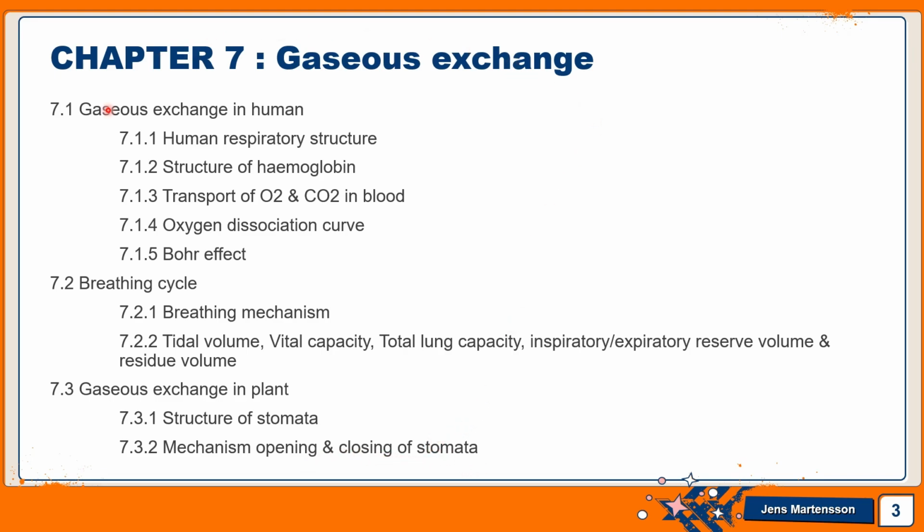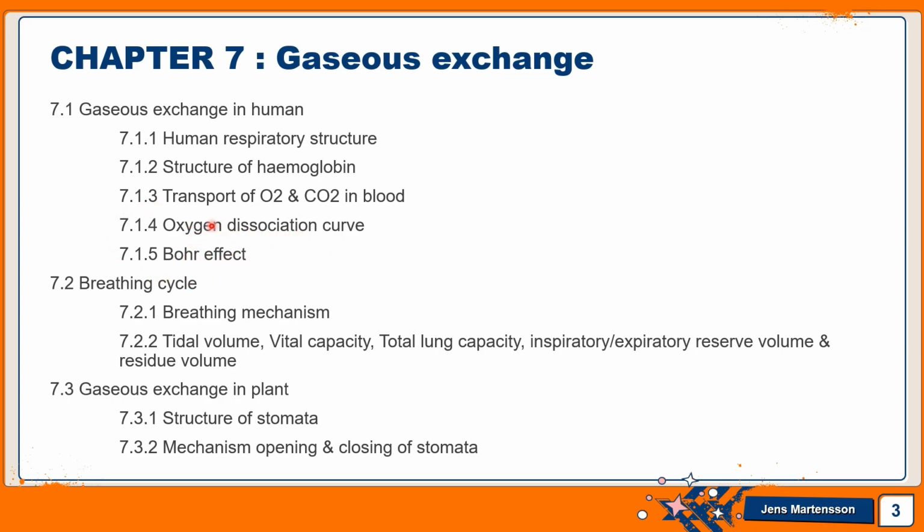So that's all for chapter 7. Overall, chapter 7 is not too hard. From my experience, this chapter is not too hard and is easy to understand. Maybe the hard topics are these two: oxygen dissociation and the Bohr effect.